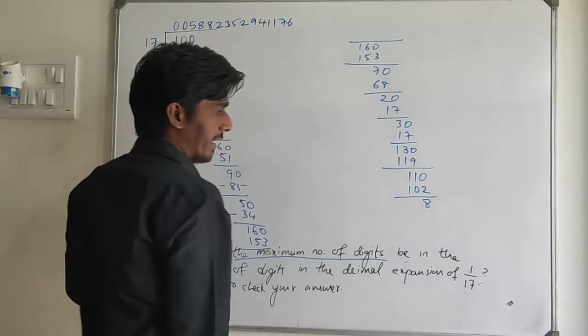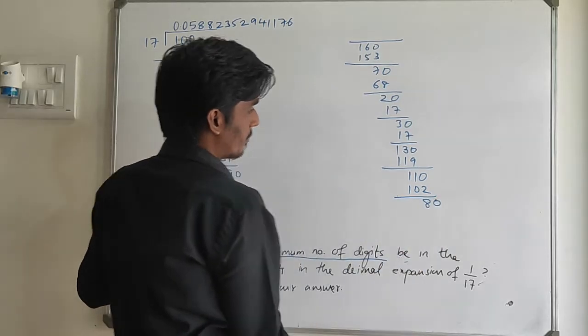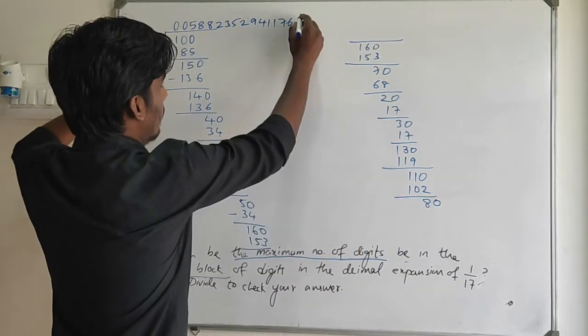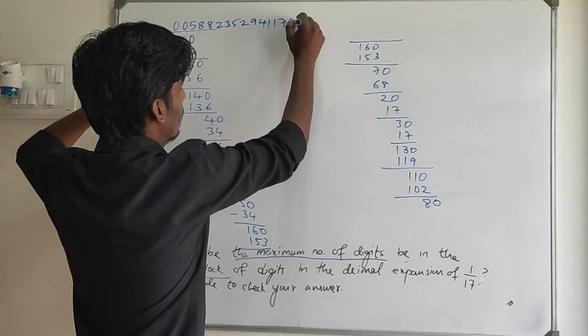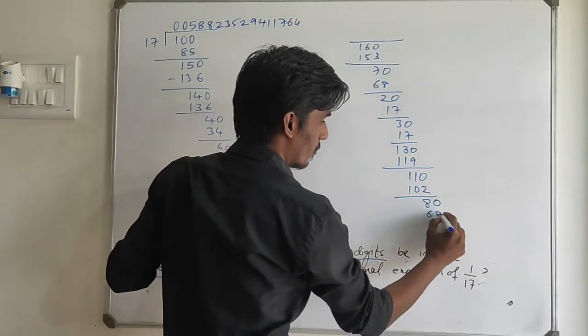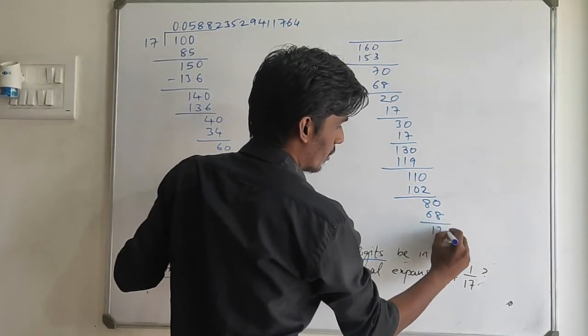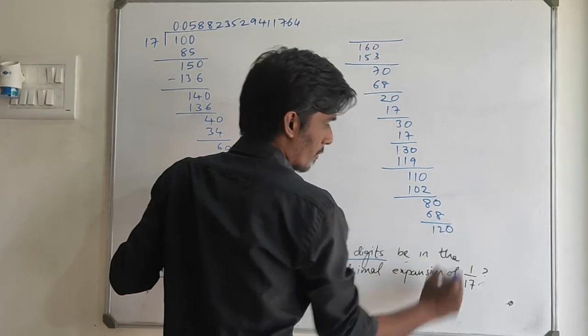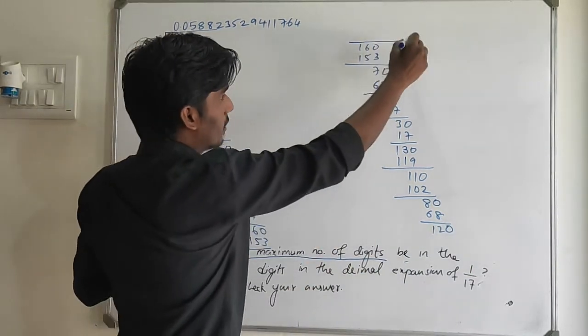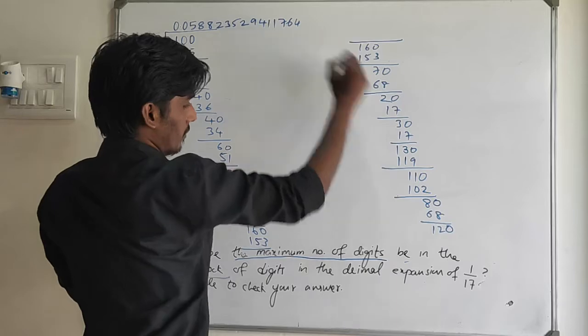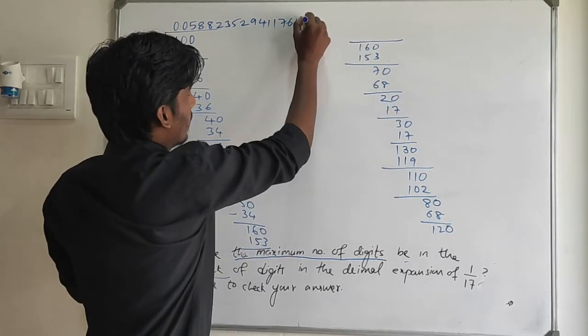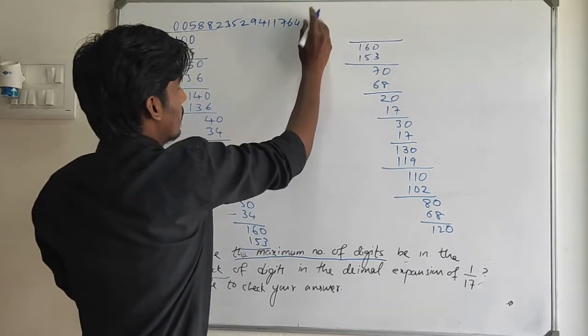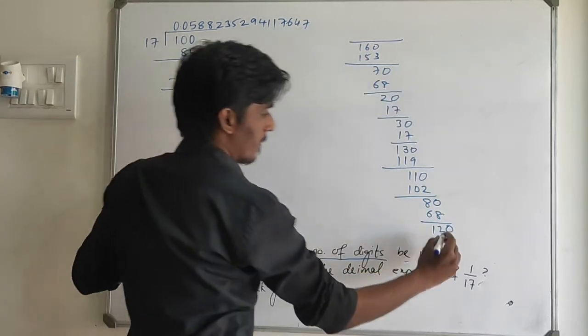Then 110, 6 times 17 is 102. So the remainder is 8 again. Here 0, so 80, 4 times 17 is 68. Remainder will be 12. And this is 120. So here 17 times 7 is 119.